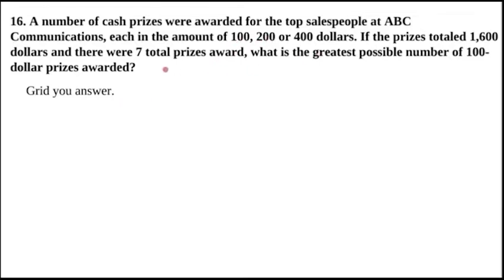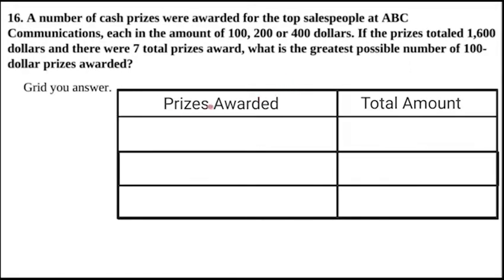Alright, so the important aspect here is 7, as we need to apply different numbers to the amounts to match up to 1,600. So let's see how we're going to grid this first of all. So first of all, we're going to put our prizes combinations over here on the left hand side.